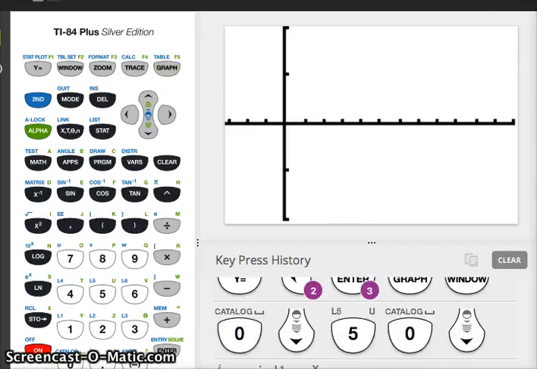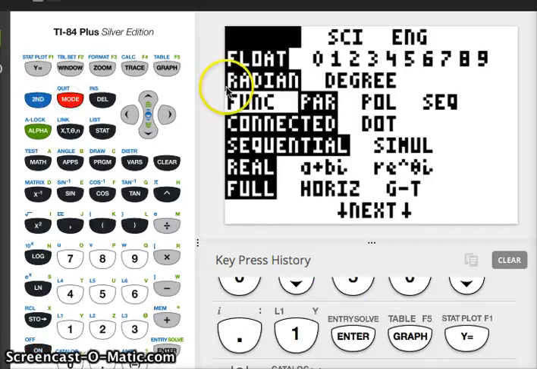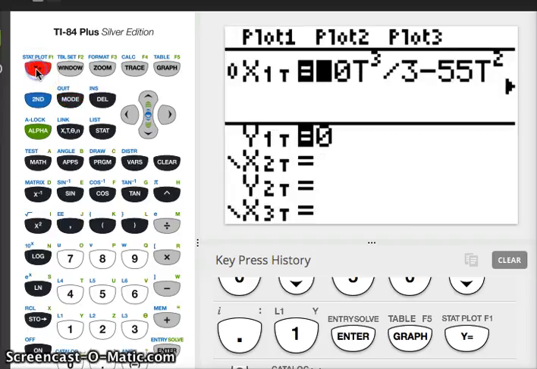Okay, students, what I did is I went into my calculator and I changed my mode to parametric mode, and I went under y equals, and I put our position function in here, and then under y1 I put 0.